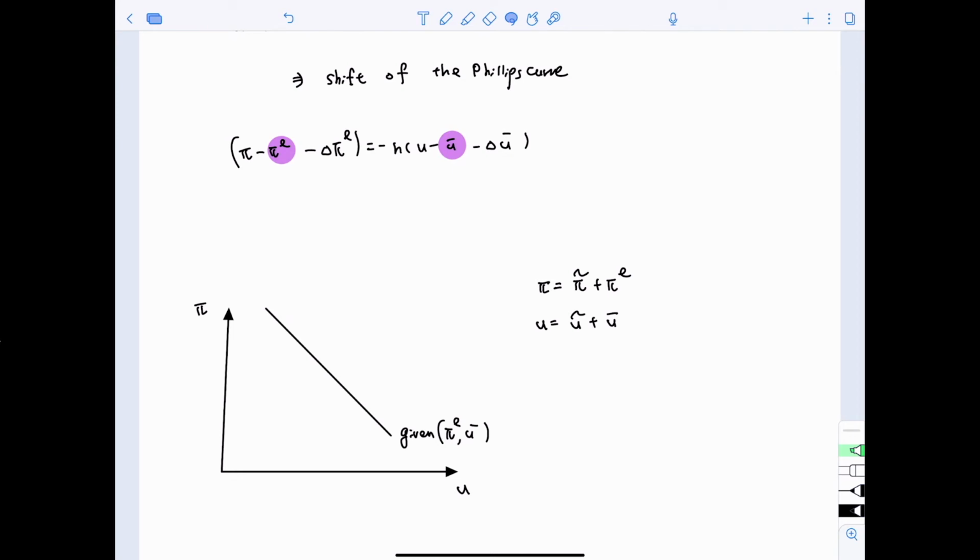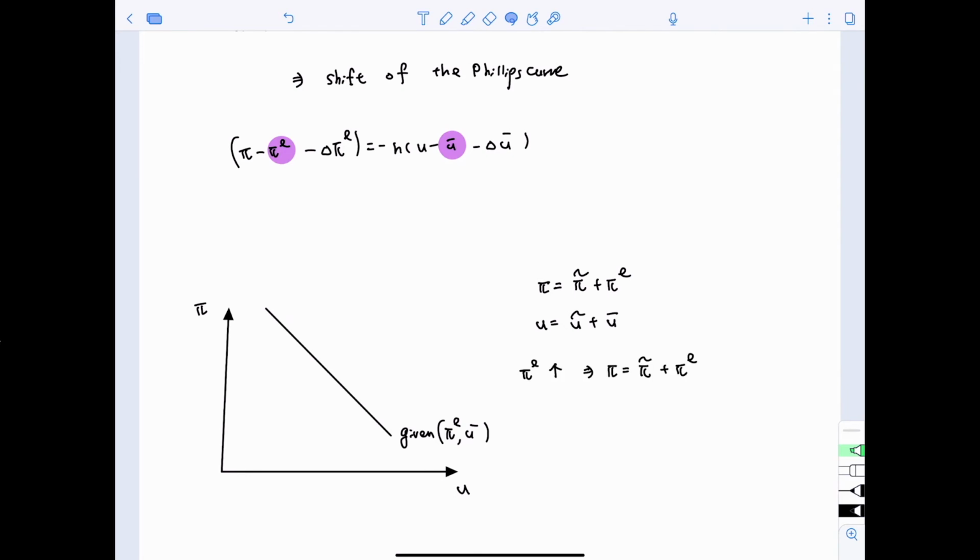And given that the pi e and U bar are exactly the same, the true negative relationship between pi tilde and U tilde can also be shown in the relationship between pi, which is the inflation rate, and U, which is the unemployment rate.